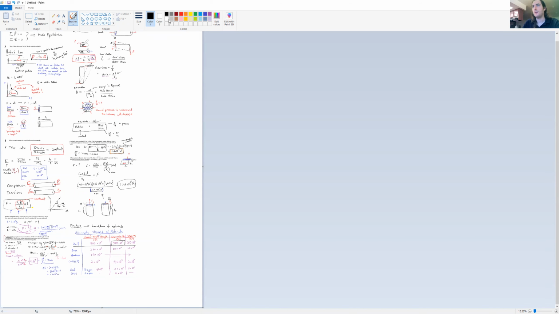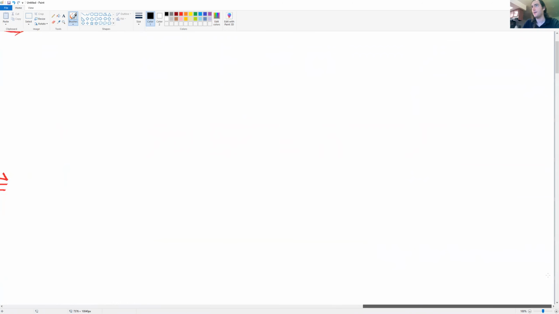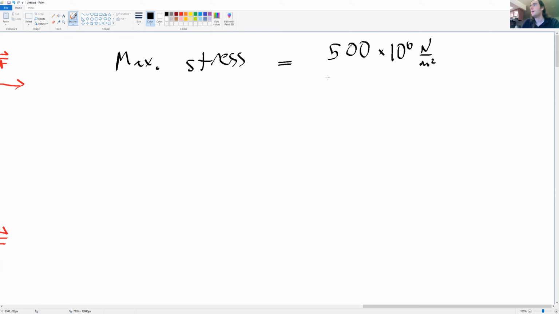Should I just rewrite it here, or did everybody have a chance to copy that down? Let me quickly rewrite it. The max stress for that steel beam was equal to the ultimate strength, 500 times 10 to the 6 newtons per meter squared, divided by the safety factor of 4, and so we get 125 times 10 to the 6 newtons per meter squared.